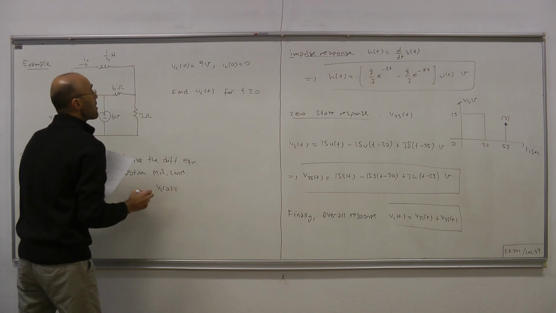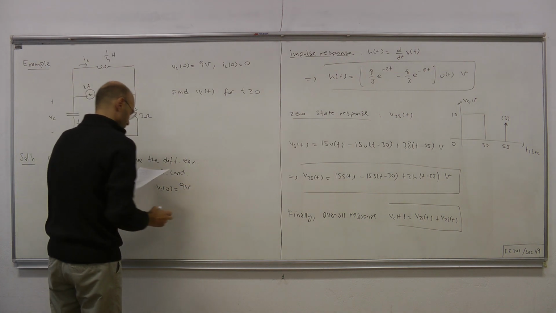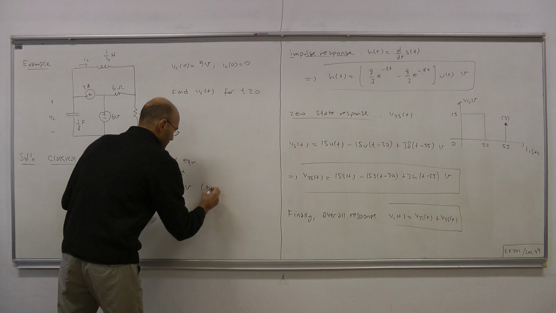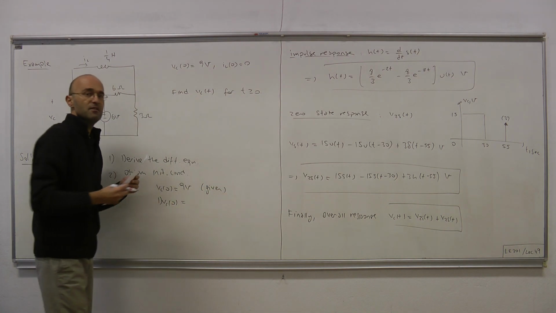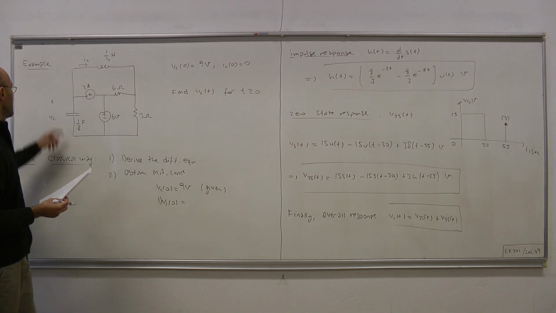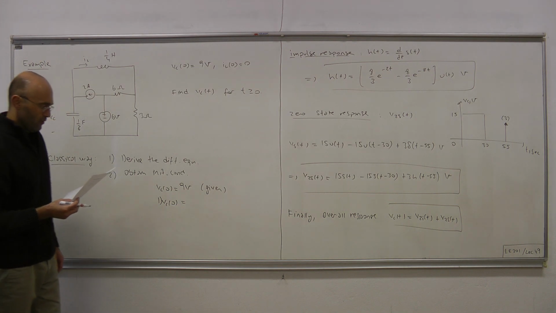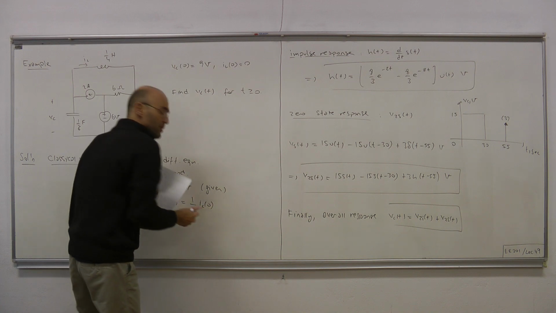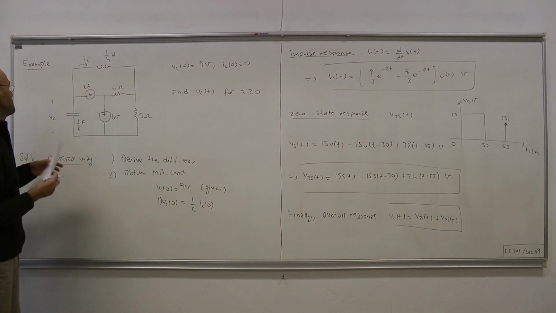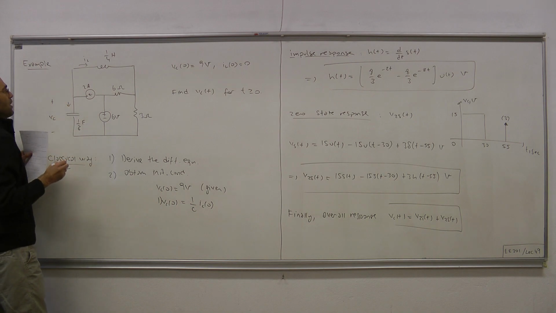VC of 0 equals 9 volt. This is given. Then we also need dVC of 0. Okay, dVC of 0 is IC of 0 over C by the terminal equation of the capacitor, and then IC of 0 is this current.